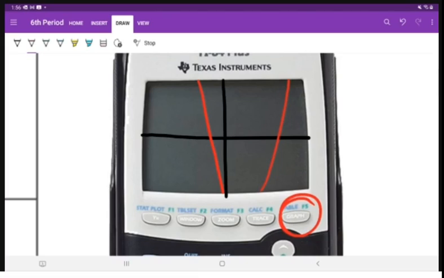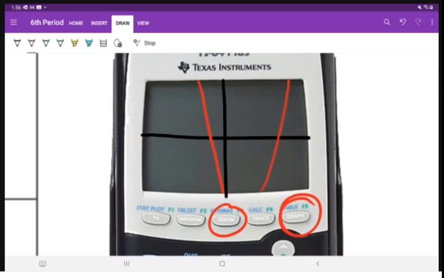The reason is because we all might be looking at a different window. Remember, a graph goes on forever in both directions. Some of us might be looking at just a generic sized window, some people might be zoomed way in, and some people might be zoomed way out. So everybody's images might look different right now, and we're going to fix that. In the middle of this row, there is a button that says zoom. Click zoom, and if you go down to the 6th line, it says Z standard.